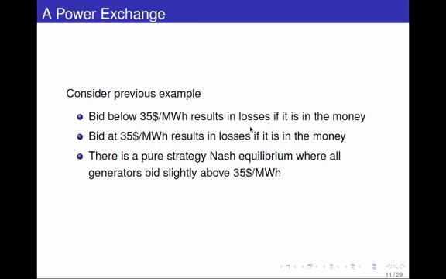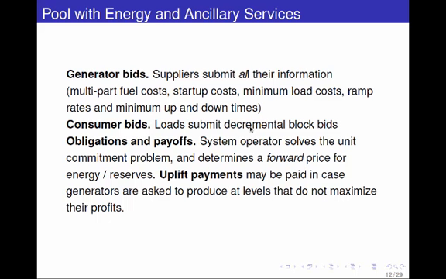So you can still use this rule to design a market. It's just that it's not inducing you to tell the truth. So this is one approach to dealing with unit commitment: running a power exchange, which is very similar to the auctions we've seen in real-time markets.